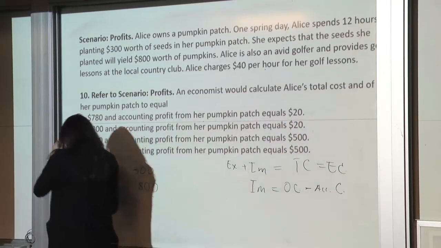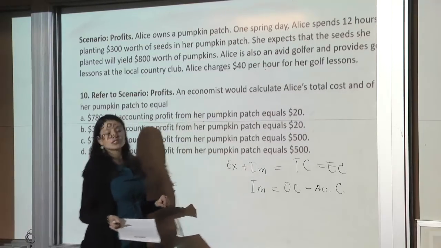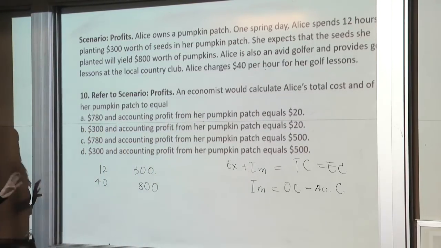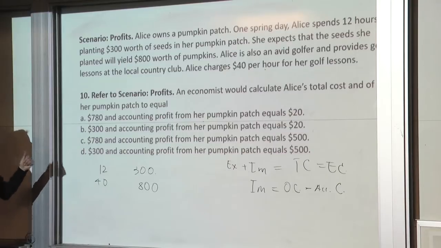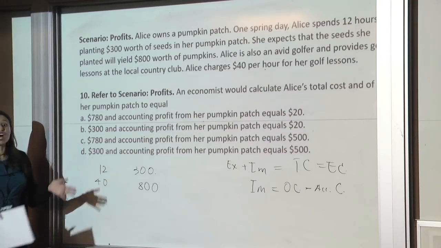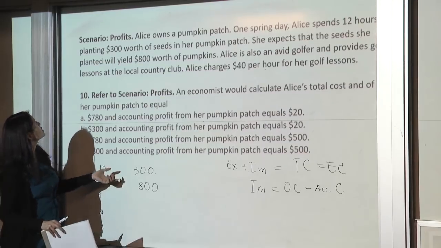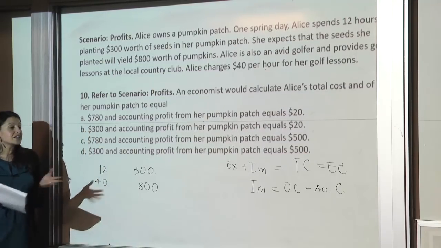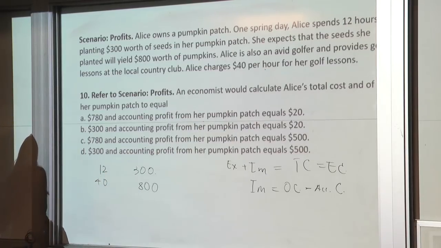Okay? So what do we have here? The explicit cost and the implicit cost will be what? What will be the explicit cost? 300. What will be the implicit cost? The fact that she is not teaching golf, but is spending the 12 hours planting those seeds, right? It's her time, she's using it in that, but she's giving up her golf classes, right? That is the opportunity cost.